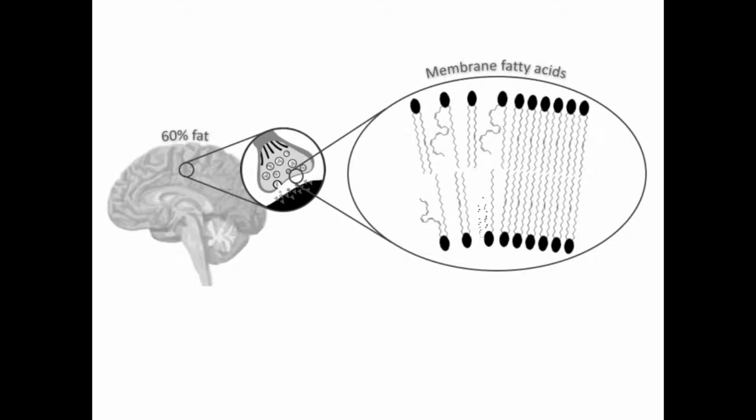And on the right, you can see a membrane that consists mostly of saturated fatty acids. And they have a straight molecule structure and can be tightly packed, and this leads to a more rigid membrane. And on the left, you see a membrane that has more unsaturated fatty acids. Due to the double bonds in the molecule structure, they have a curvature, leading to more space between the molecules, leading to a more fluid membrane.